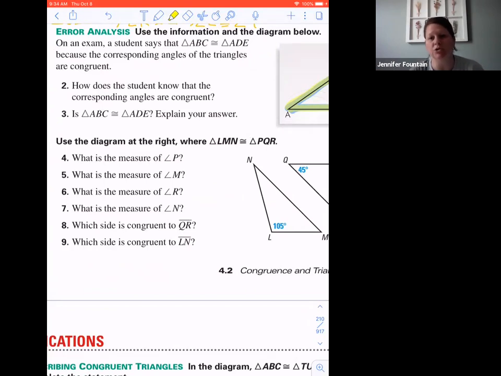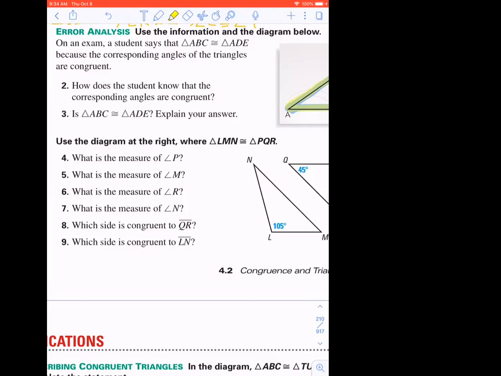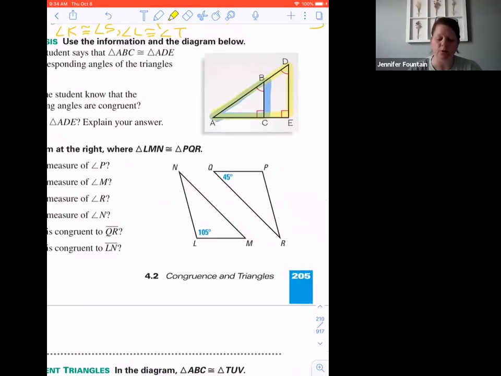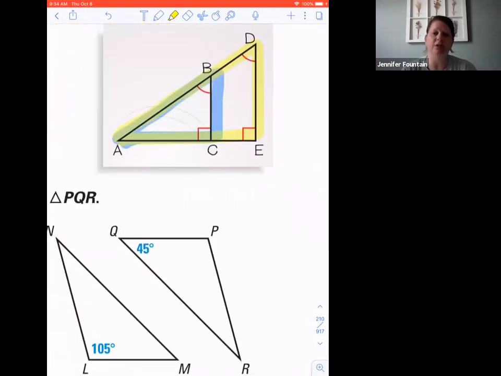Think about congruent triangles. What is my rule for congruent triangles? No, why? Because, what's it called? Remember we said with congruent triangles, the angles have to be congruent, but what else has to be congruent? My side lengths.